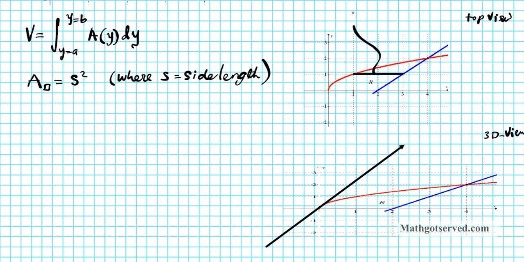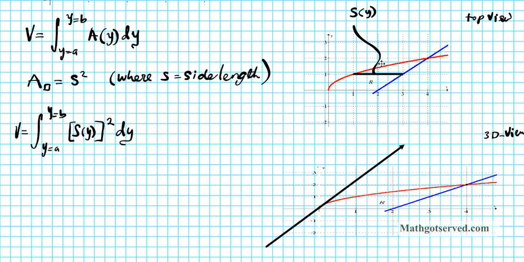S is going to be a function of y, because we are going in this direction. So our volume is going to be the integral from y equals a to y equals b of s of y, the side length as a function, squared, dy.